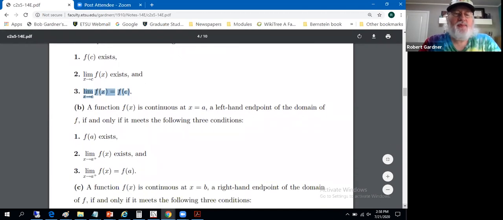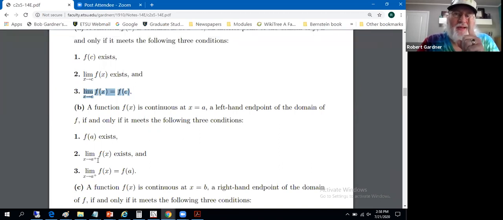And the other two parts will be similar, except we'll deal with endpoints, and so we'll deal with one-sided limits instead of two-sided limits. A function f is continuous at x equals a, a left-hand endpoint of the domain of that function, if and only if the function's defined at that left-hand endpoint, the limit as x approaches a from the right exists, and the limit equals the function value.